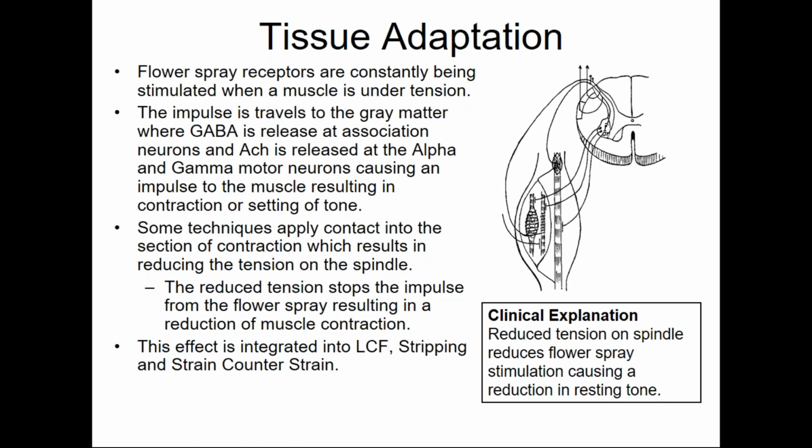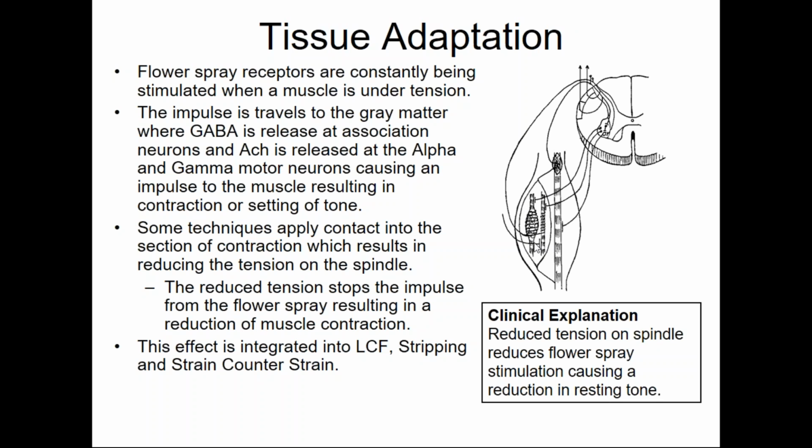That's what helps to maintain the tone within the muscle. So when we apply such techniques as local cross fibering, we're going to apply pressure up into the section of hypertonicity, and by so doing that, we are going to reduce the tension on the spindle.